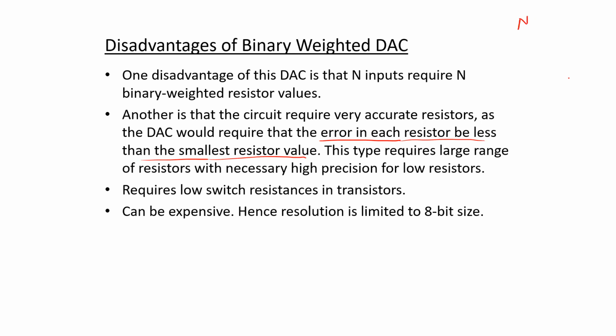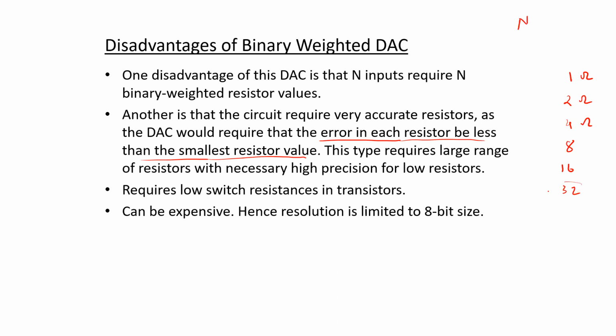Suppose you are designing a weighted resistor DAC. Suppose the first resistance is 1 ohm, the second one is then 2 ohms, the third one 4, 8, 16, 32. In this way, the values of the resistance are going to increase with the number of bits.